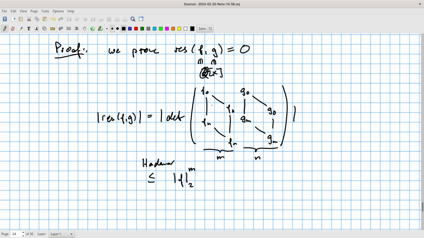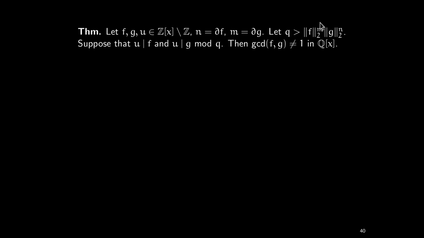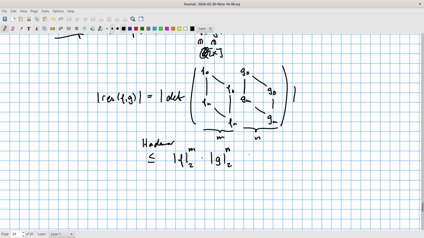So this is getting a power of m from these m columns, times the 2-norm of g to the power of n. This is the Hadamard bound for the size of the determinant, and the assumption is that q is bigger than this. So this is still less than q.